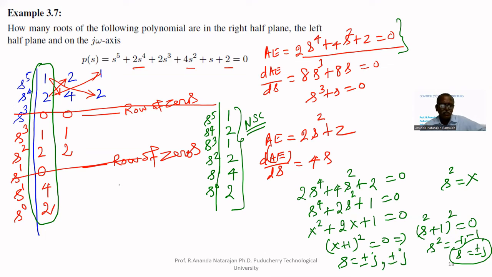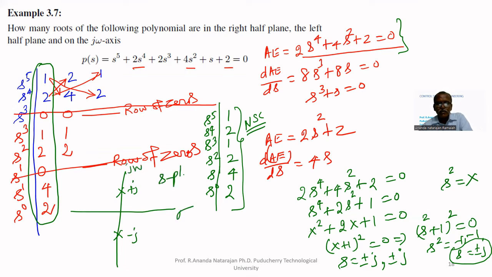If you plot this on the s plane, with sigma and j omega axes, plus j is here, minus j is here, and again plus j, minus j. Therefore, there are repeated roots on the j omega axis.